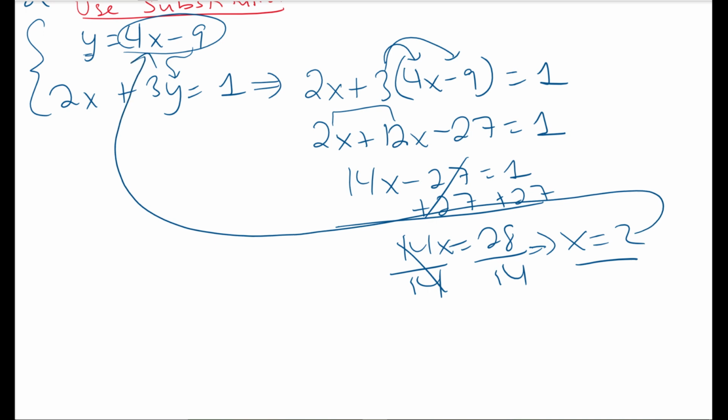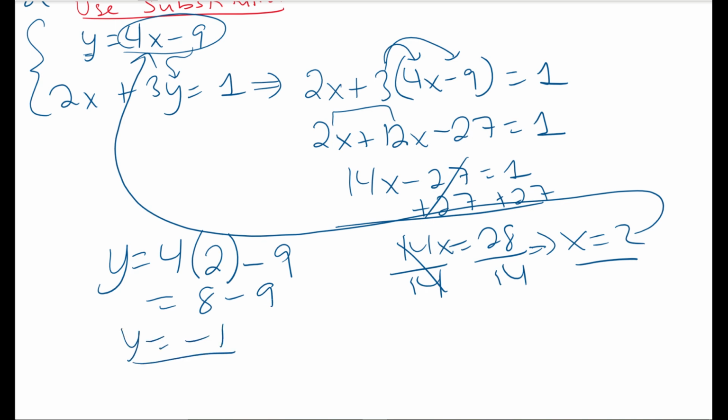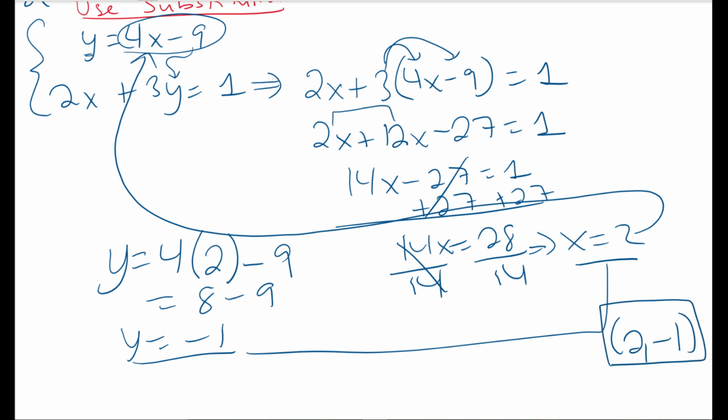We get y equals 4 times 2 minus 9. 8 minus 9 is negative 1. Put your two answers together to get your final solution. And that's how you solve it. Solve linear systems algebraically in both methods.